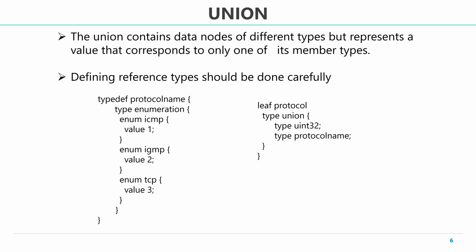It can be defined as an enum, or it is also possible to specify it using a port number. So what I have mentioned here is a union for leaf protocol, where the first type is unsigned int 32 and the second type is an enumeration called protocol name.